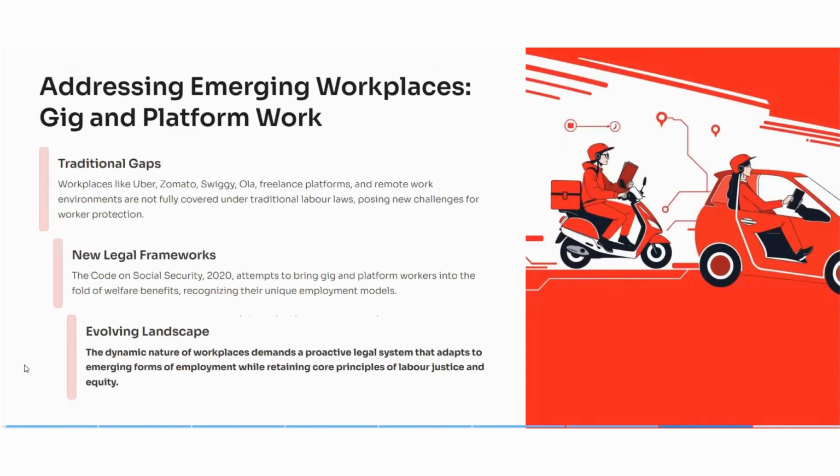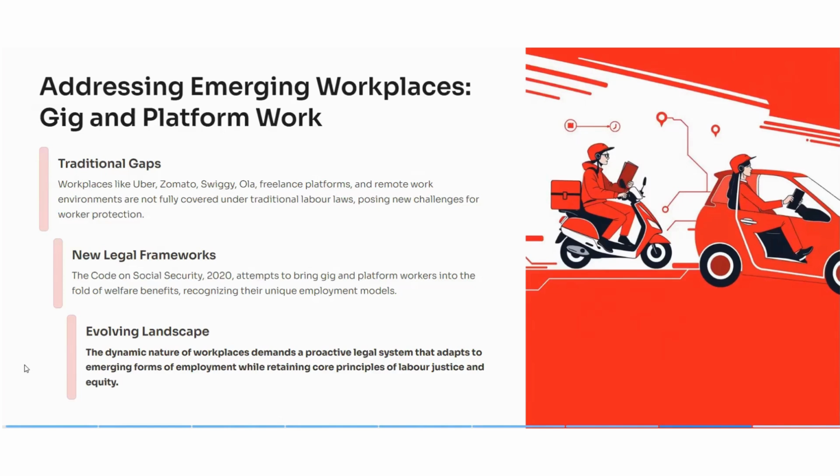Addressing emerging workplaces, gig and platform work. Traditional gaps. Workplaces like Uber, Zomato, Swiggy, Ola, freelance platforms, and remote work environments are not fully covered under traditional labor laws, posing a new challenge for worker protection.